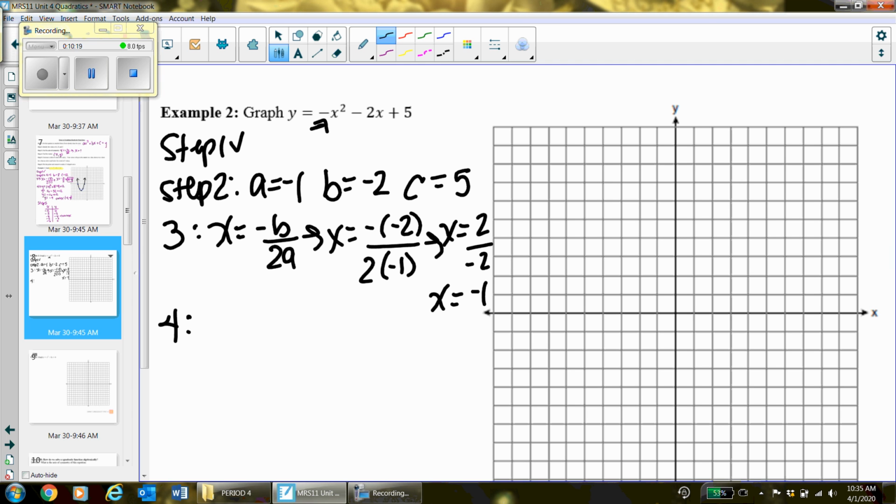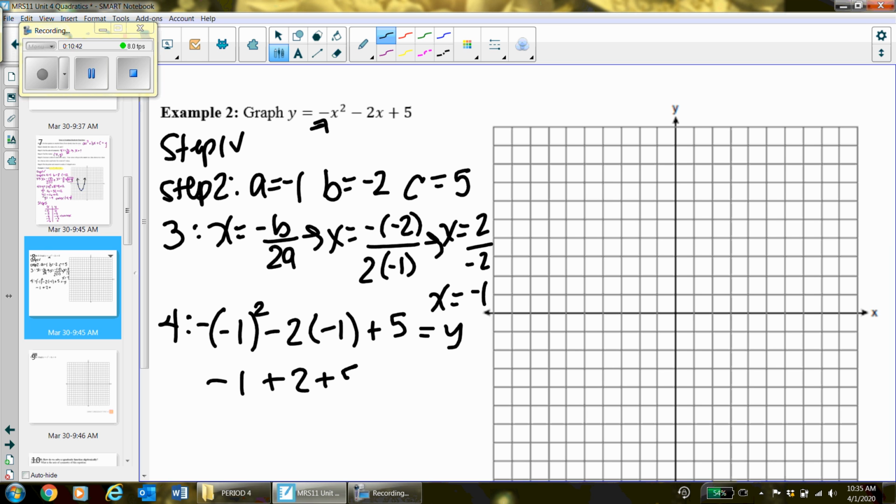So I'm going to plug that in. -1 squared minus 2 times -1 plus 5. All right, parentheses, -1 squared is +1, but then there's a -1 outside, so there's a -1 here to y. -2 times -1 gives me a +2, then bring down that plus 5 equals y. -1 plus 2 gives me a +1, 1 plus 5 equals 6, so y is equal to 6.